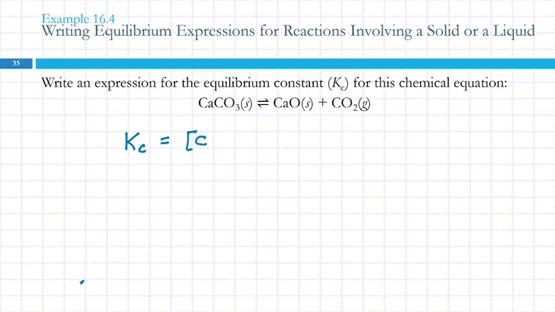So we've got the concentration of CO2 gas divided by the only reactant, which is also a solid. So this equilibrium constant is the same as the concentration of CO2. Doesn't depend on how much of those solids you have. It would be related to the concentration. The concentration isn't changing. And here the units go away.